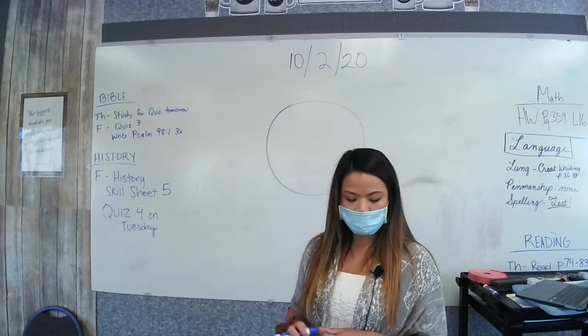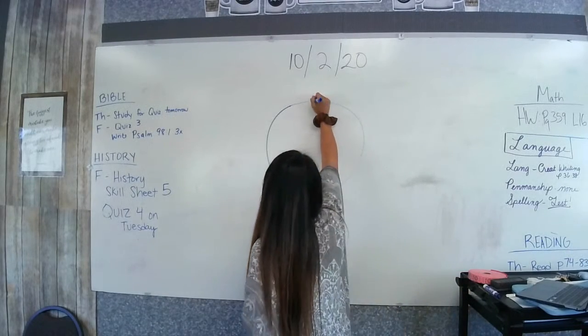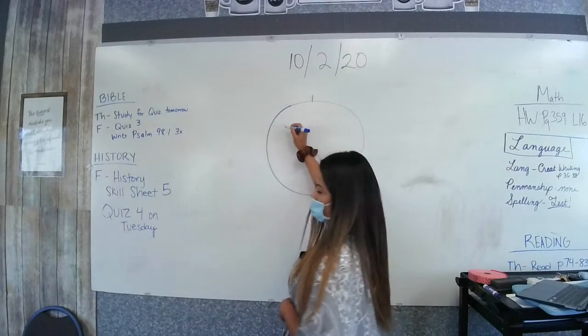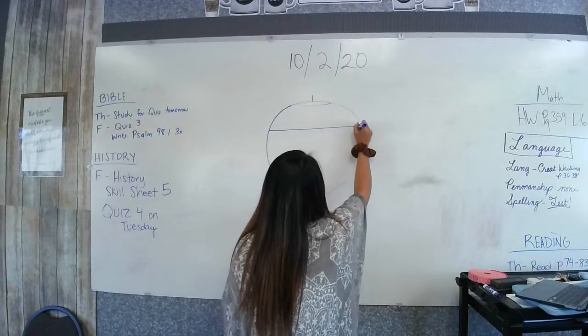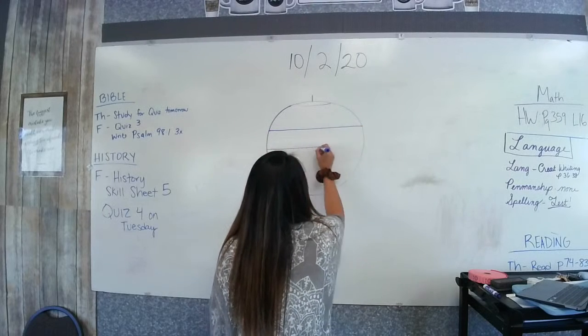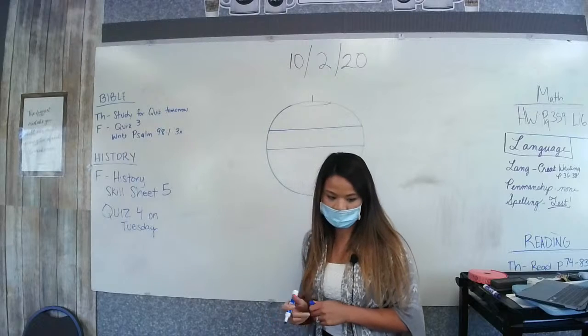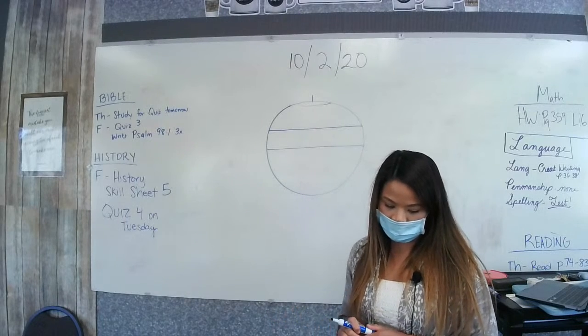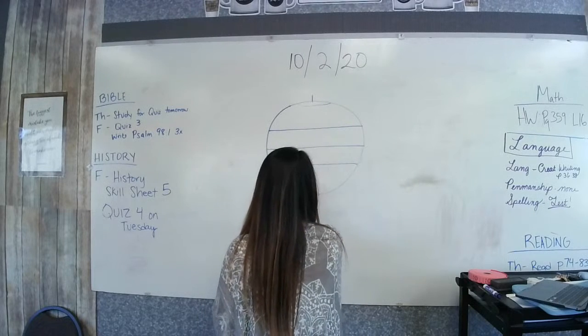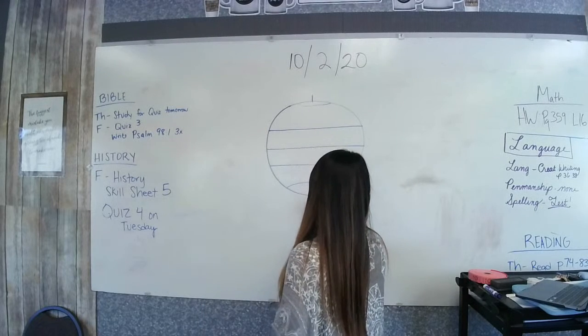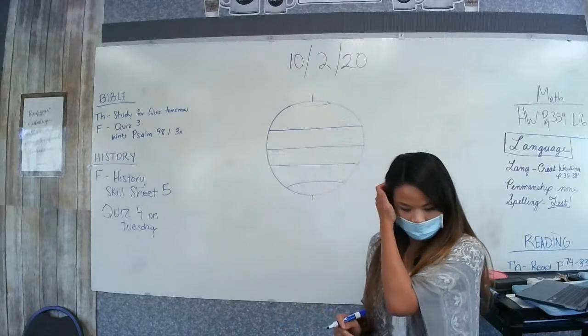You see the North Pole up here, and then there's a line right here, the Arctic Circle. Then there's a line here. Then we have the equator. What else do we have, guys? We have the Tropic of Capricorn right here. Then we have the Antarctic Circle. And then we have the South Pole.